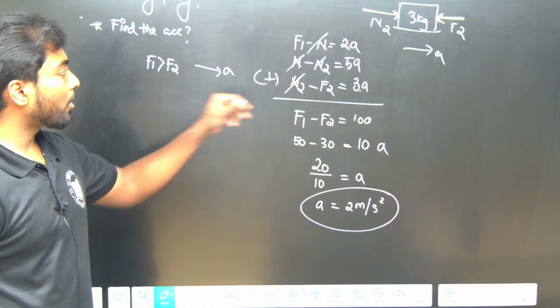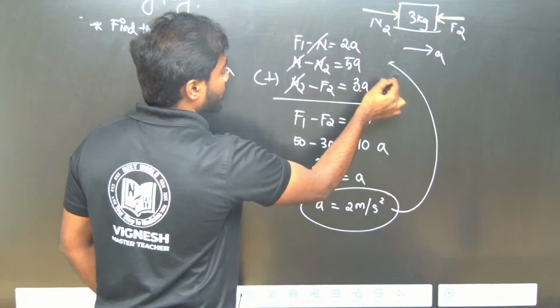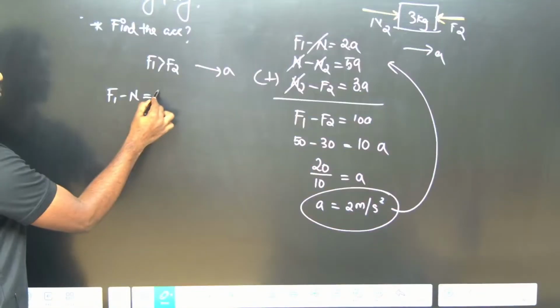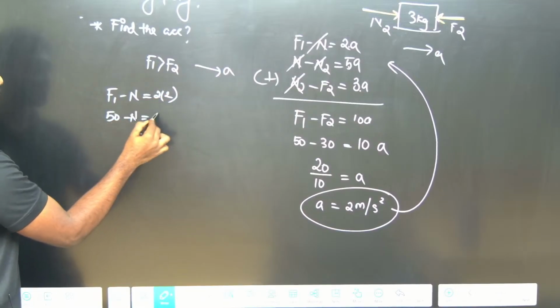What about the normal forces? Can I take this equation and substitute in any of the three equations to get the normal forces? Yes. F1 minus N1 is equal to 2 into 2. So 50 minus N1 will be equal to 4.